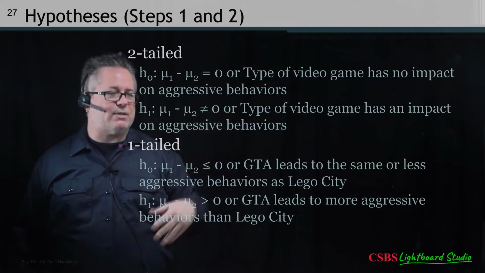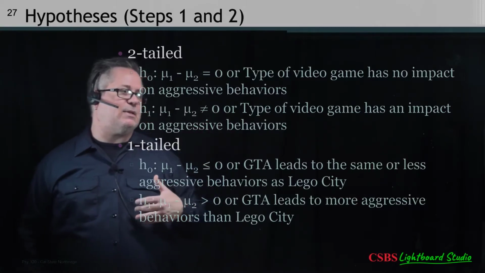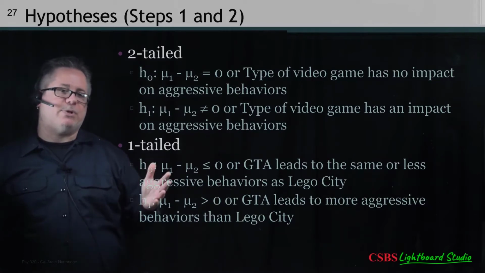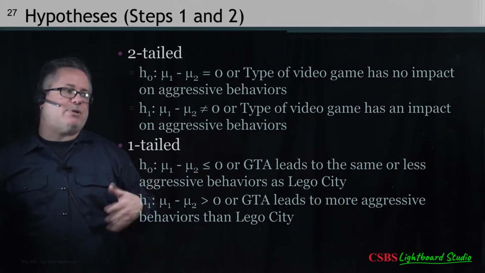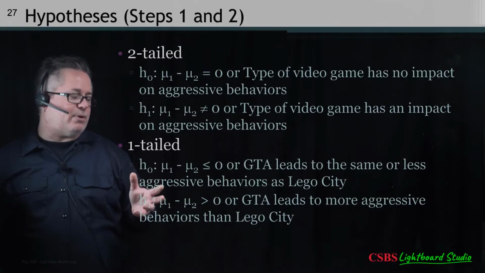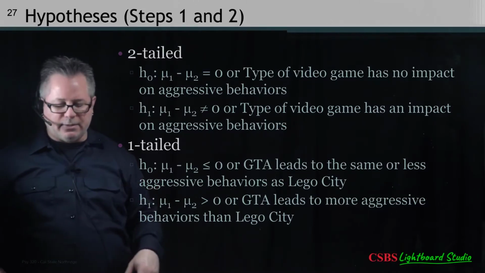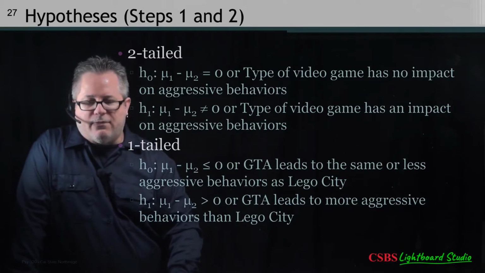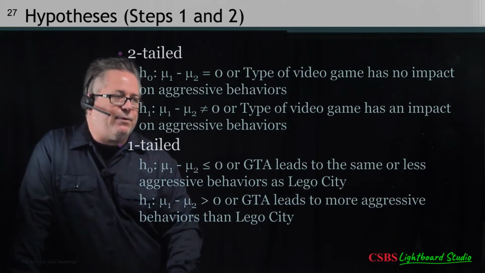So for a 2-tailed test, all I'm really saying is I think the type of video game will have an impact on aggressive behavior, but I don't know which way it's going to go. You might be testing this because there are 2 competing theories or hypotheses about how a violent video game might affect behavior.